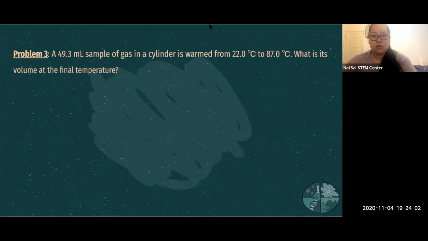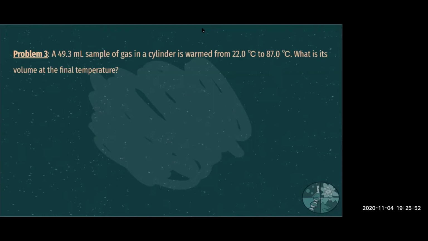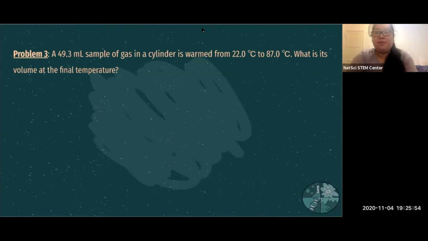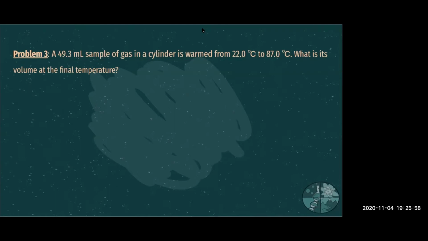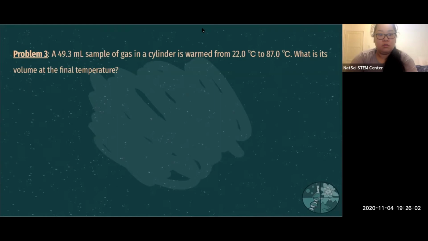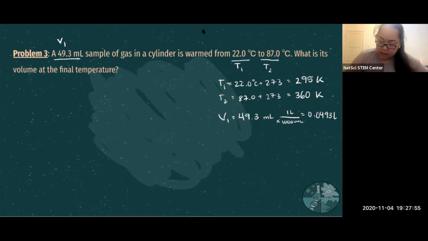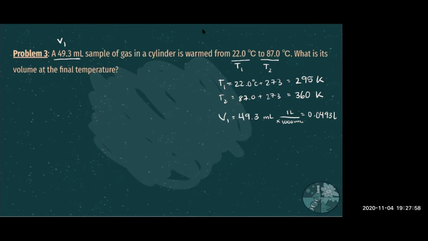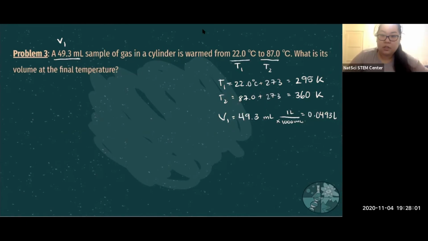This one, 5 minutes, 7:30. Again, I would prefer your final unit for the volume to be in liters. So convert if you guys have it. So the first thing that I did was I converted all of the temperatures to Kelvin and the volume here, your V1 to liters.